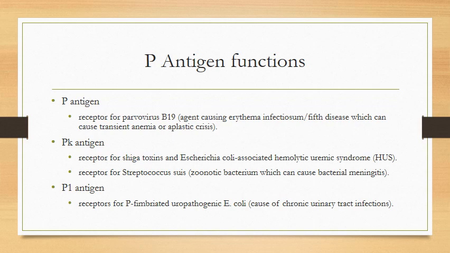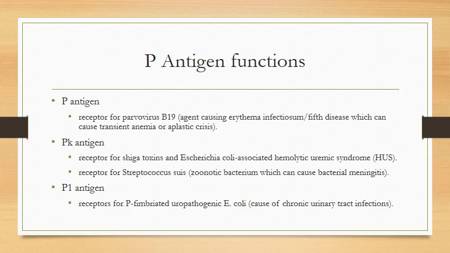P antigens are receptors for parvovirus B19, which is the agent causing erythema infectiosum, or fifth disease, that can cause transient anemia or aplastic crisis.